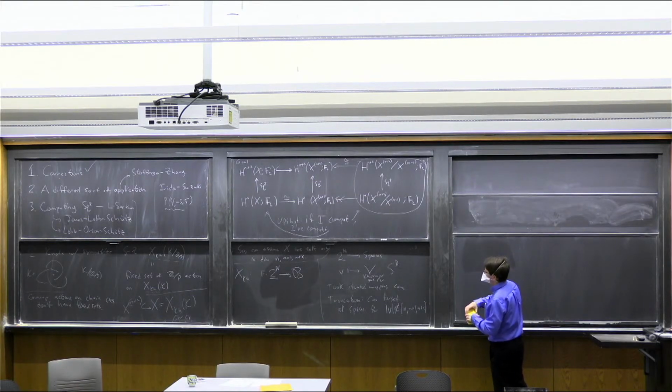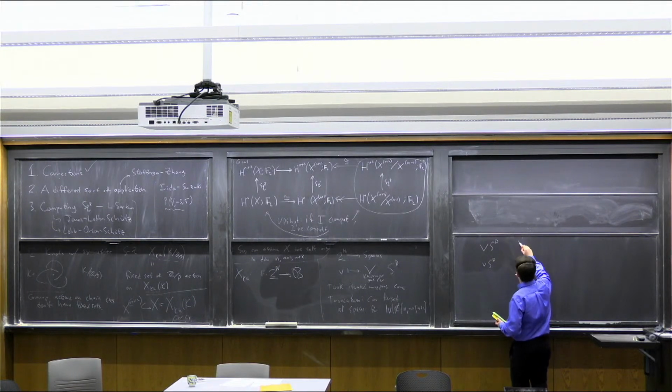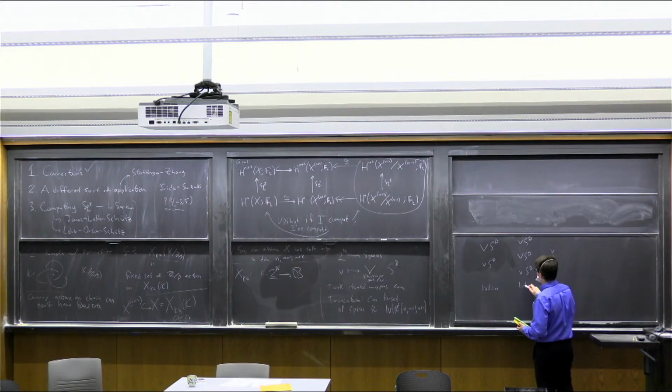So what this diagram now looks like is I've got a wedge of spheres at a bunch of vertices here, where the absolute value of v equals n, a bunch of other wedges of spheres where the absolute value of v is n plus 1, and a bunch of other wedges of spheres where the absolute value of v is n plus 2, and some maps.